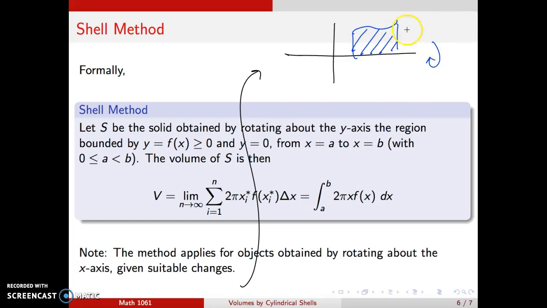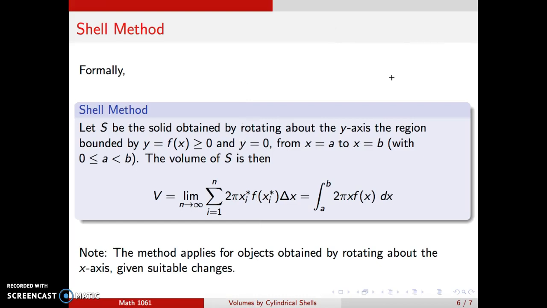Our radius is going to be a y value, and our height of the shell is going to be this part here because we're going to spin it around this way. So like I said, it works the same way, just make suitable changes, basically swapping x and y as appropriate.